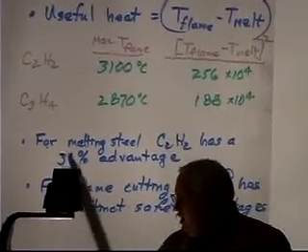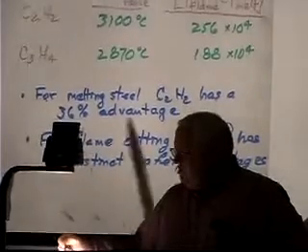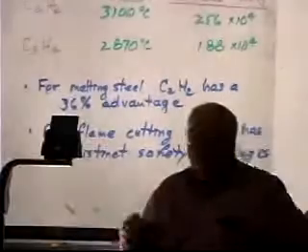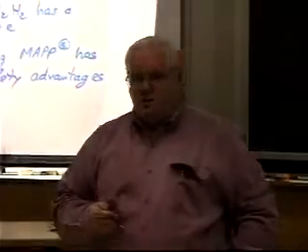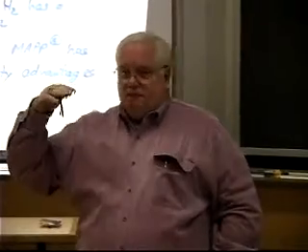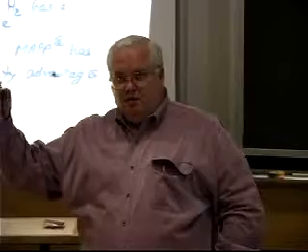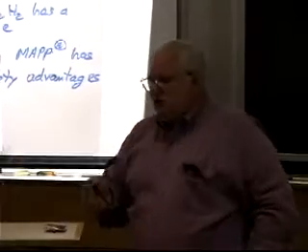So for melting steel, acetylene has a 36% advantage because of the T squared advantage. If I was doing some higher melting metal, then acetylene would have an even more significant advantage.